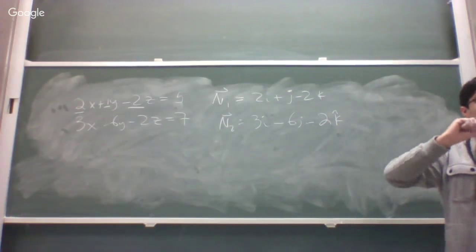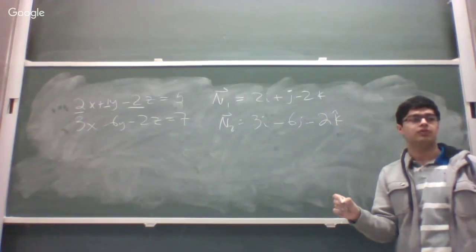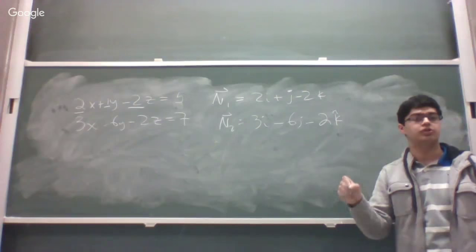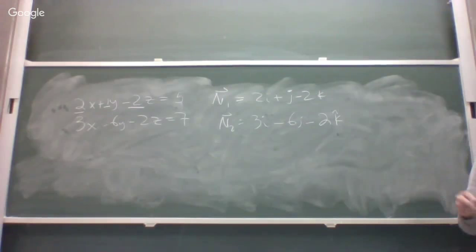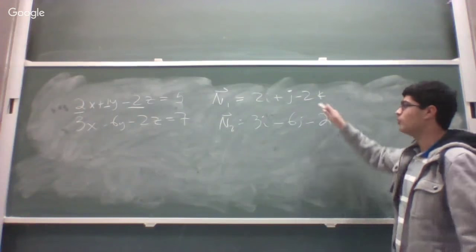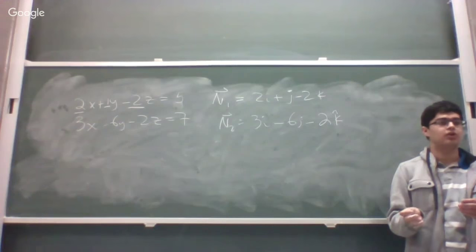What does a cross product allow you to do? Find something perpendicular to two vectors. They can be any vectors, they don't have to be normal vectors. In this case, we had two planes and we found the normal vectors, which are perpendicular to those planes.